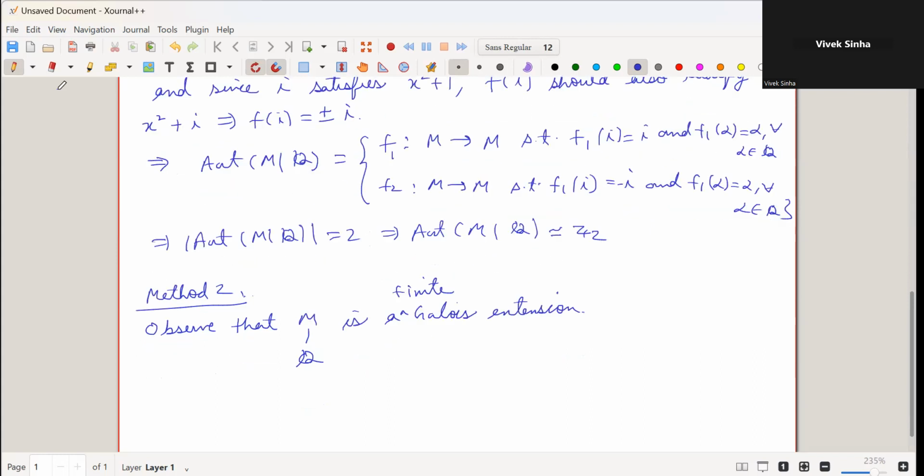Normal is there because M is the splitting field of x square plus 1 over Q, right? This is the smallest field containing this root.